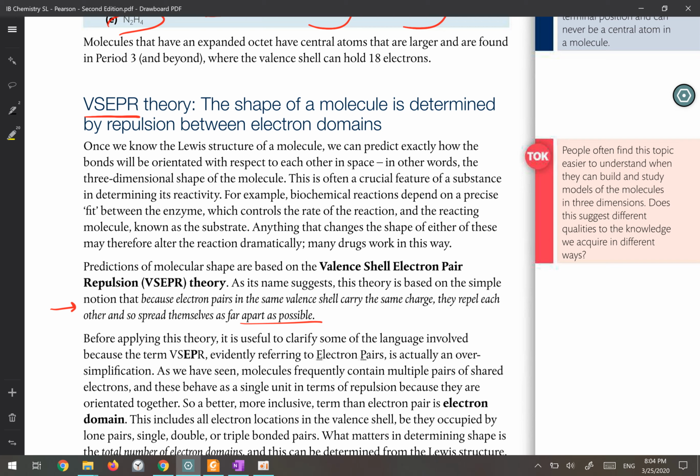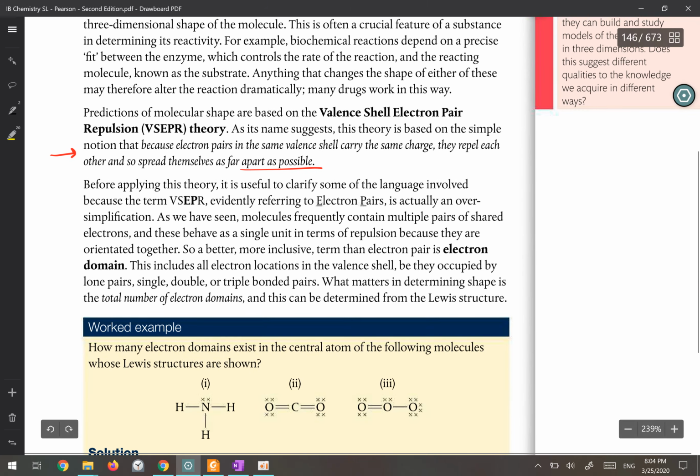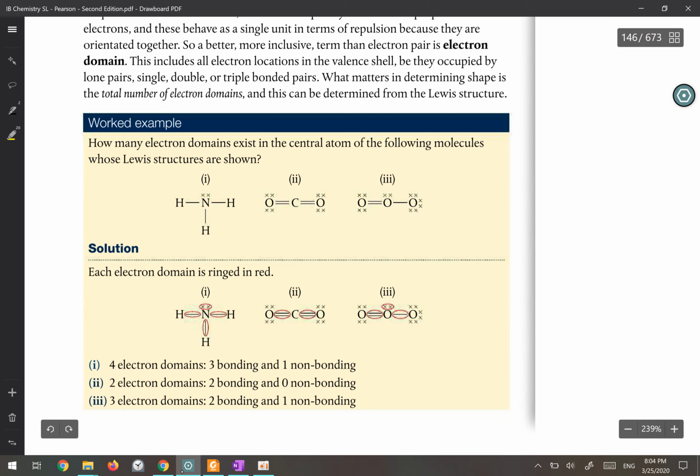So the domains we are talking about are electrons, and the electrons repel each other because they have the same charge. The best position for them is when they are as far as possible from each other to minimize their repulsion. Here some examples are given.